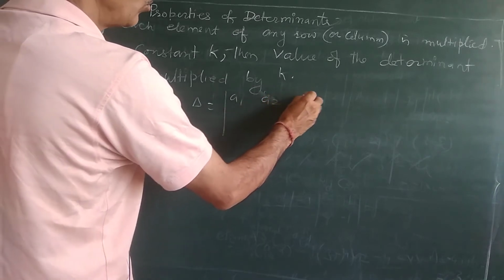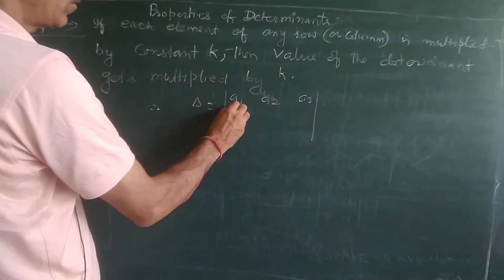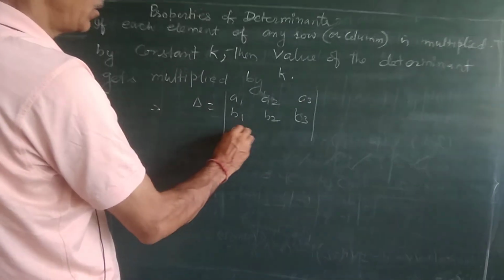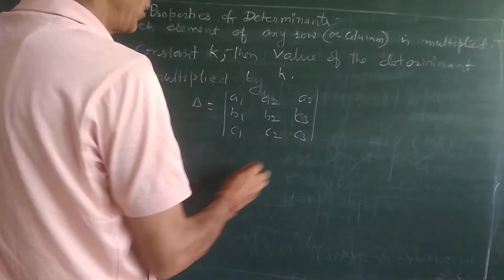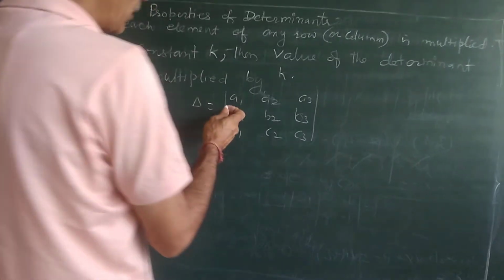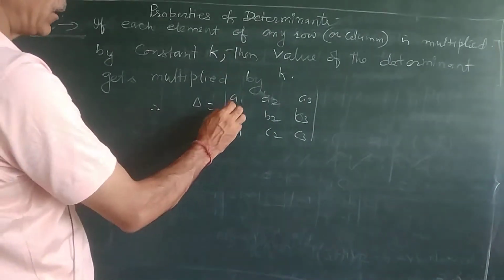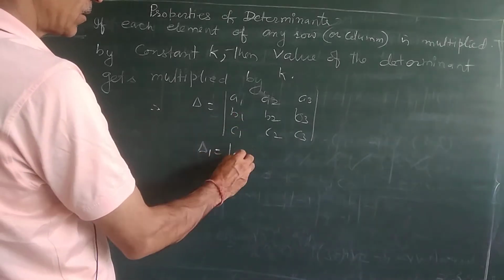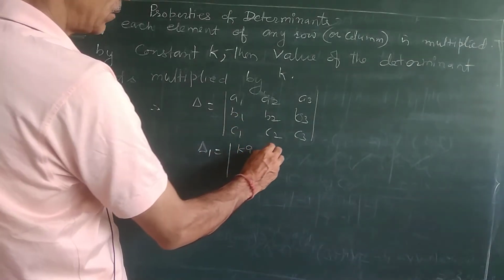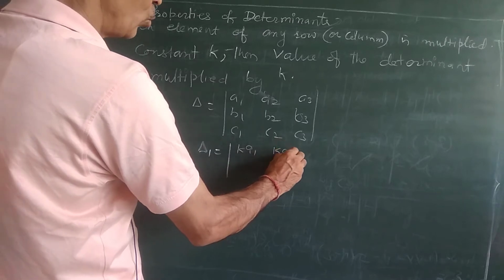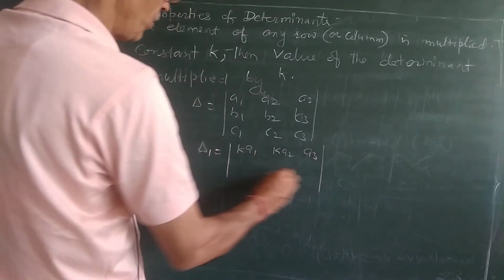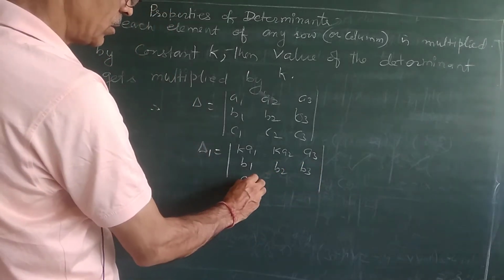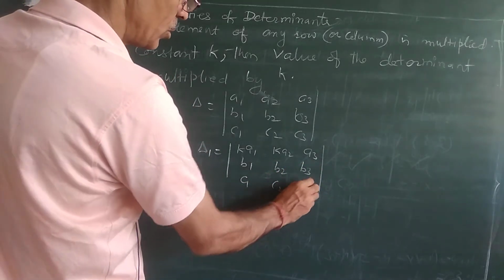A1, A2, A3, first row, B1, B2, suppose B3, C1, C2 and C3, and the first row is multiplied by k. Suppose delta 1 is KA1, KA2, KA3, B1, B2, B3, C1, C2, C3.